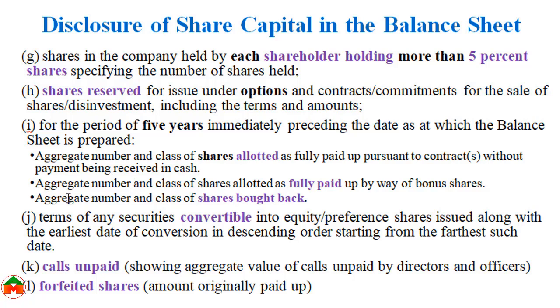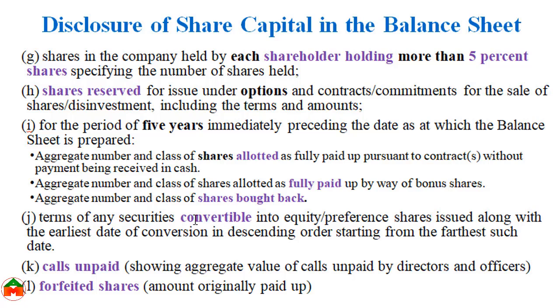You have to also mention the aggregate number and class of shares allotted as fully paid up by way of bonus share. You have to also show the aggregate number and class of shares brought back. As well as you have to show if there is any share that is convertible to equity share or preference share.